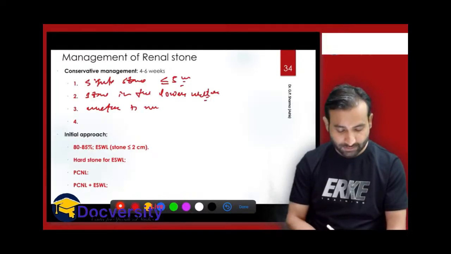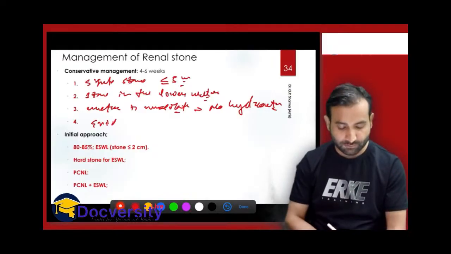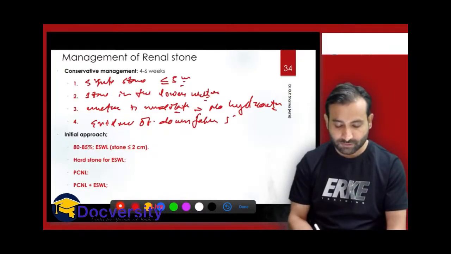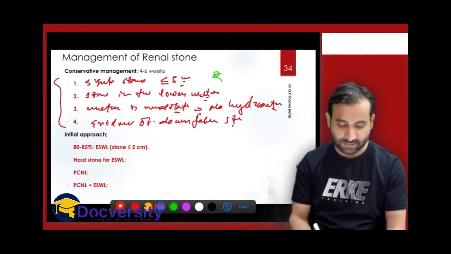The ureter is undilated, that means there is no hydroureter, no blockage of the urine, then we can go for this one. Another one, we can see the evidence of downfalling of the stone, then we can do what? The conservative management. Remember, these are the questions in the exam.